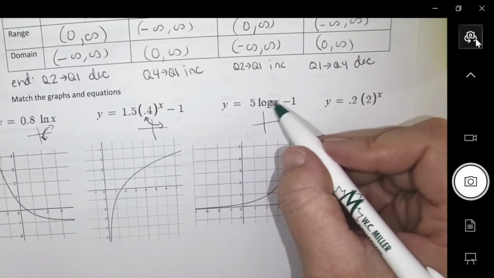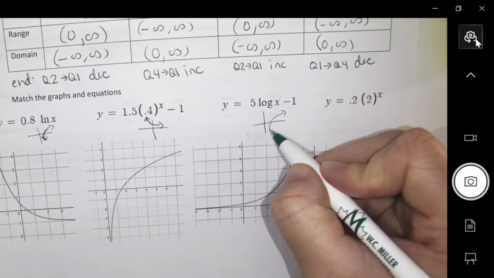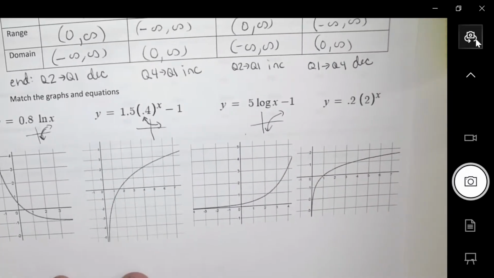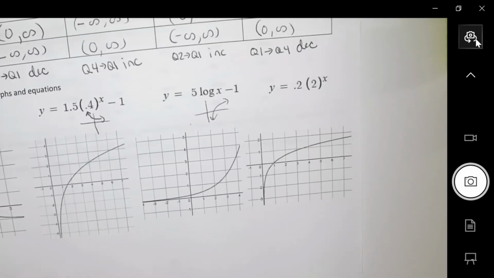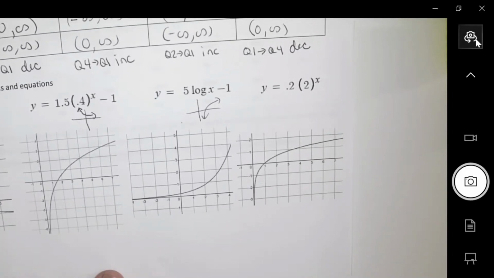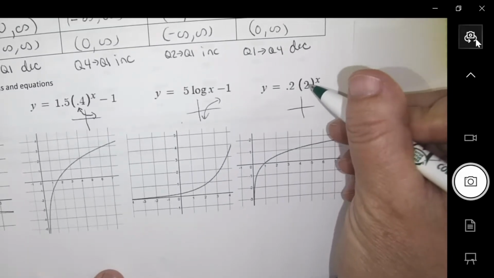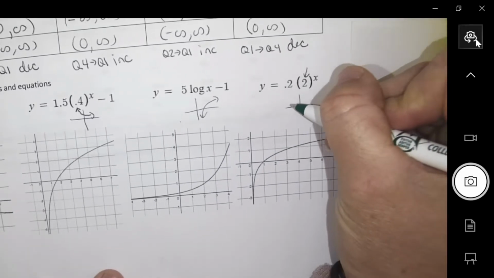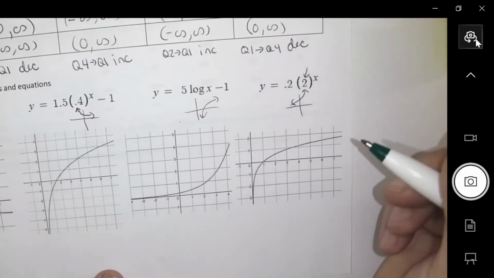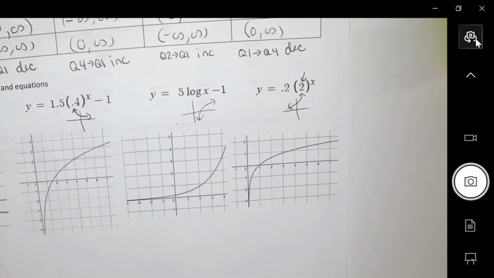Log shape, it's going to be curving like that. Exponential with a base of 2 is going to be increasing like that. Okay, so again, that's my basic properties.